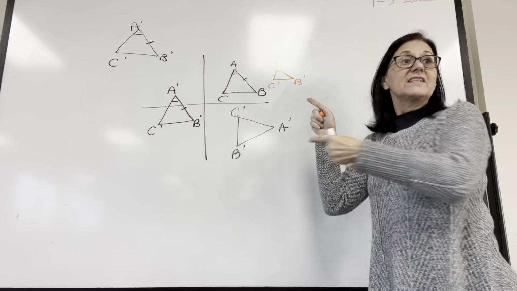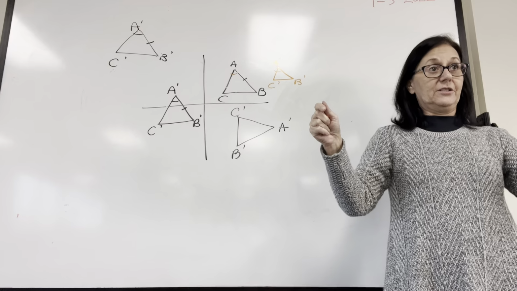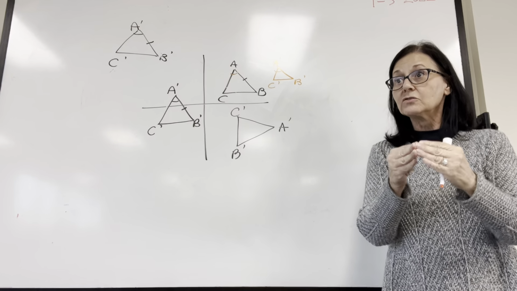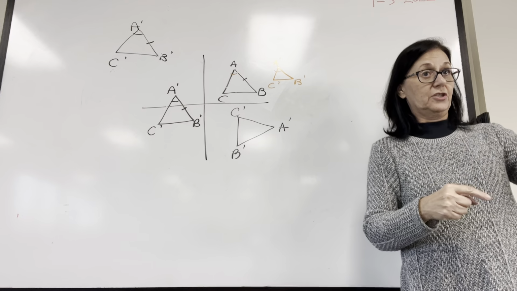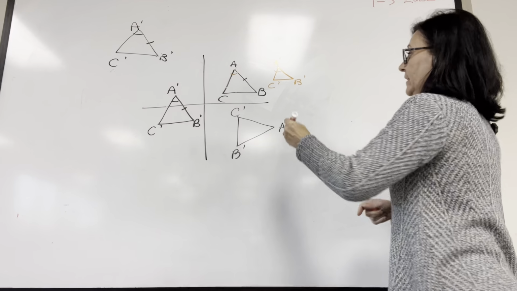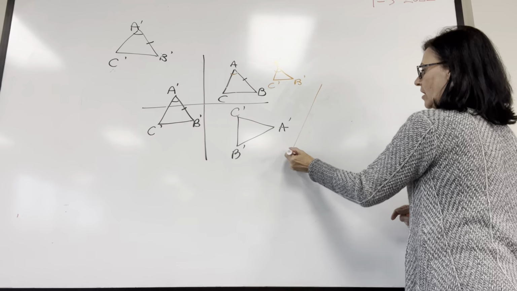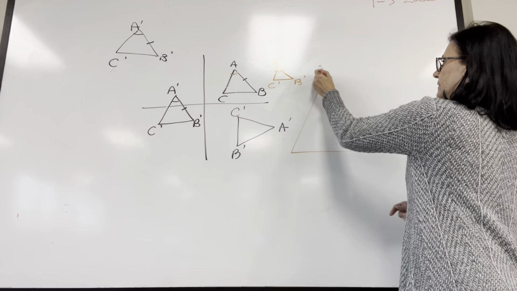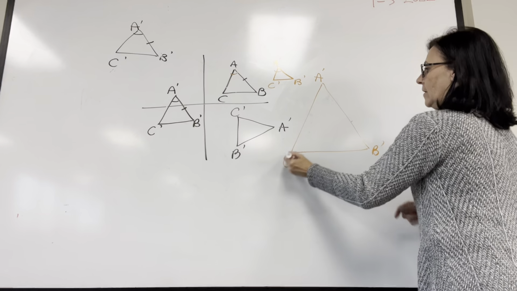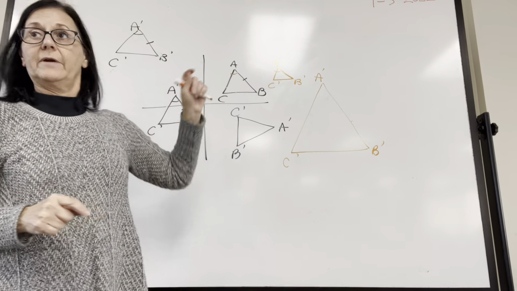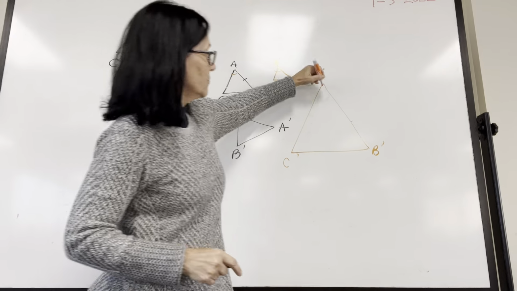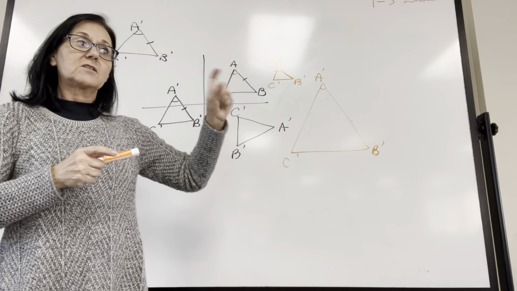The lengths of the sides change. Angles remain the same, but the lengths of the sides change proportionately. Yeah, so it could be either that or both of these are dilations of the original. The angles remain the same. The lengths of the sides either get larger or they get smaller.